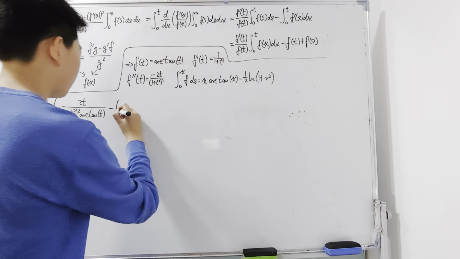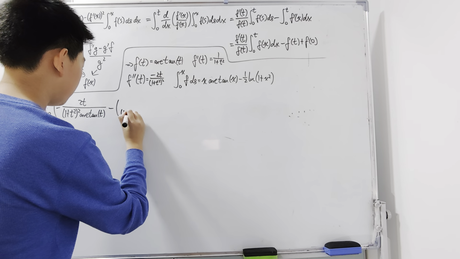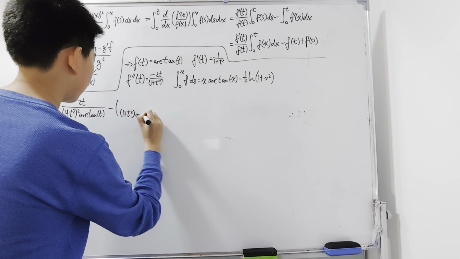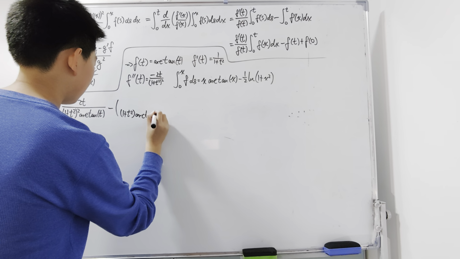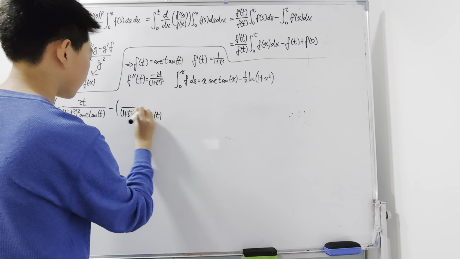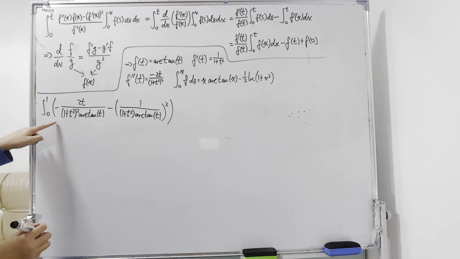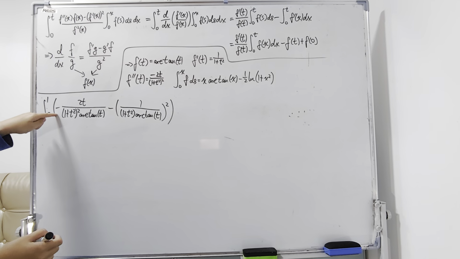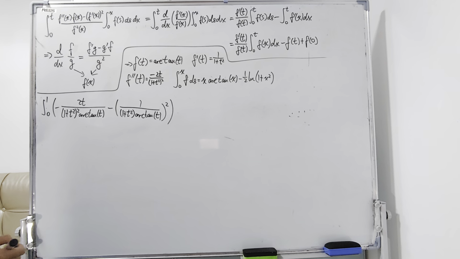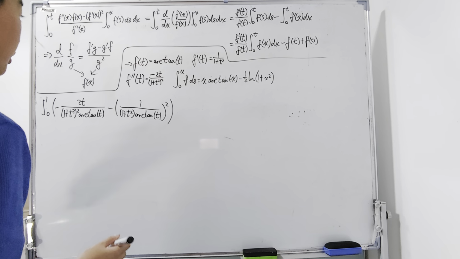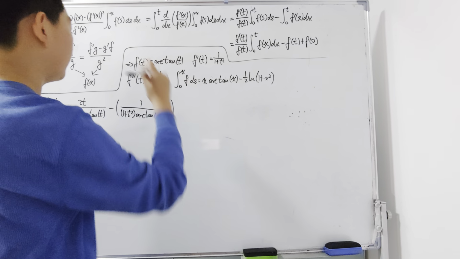So it's going to be 1 plus t squared, arctan of t, this big thing squared. Now once again, okay, so first of all, these two negatives, we can factor that out. So we can just get rid of that very quick. And then we have the integral.